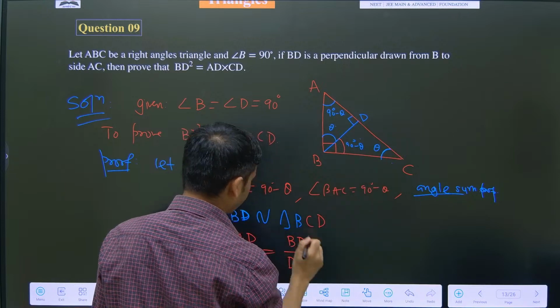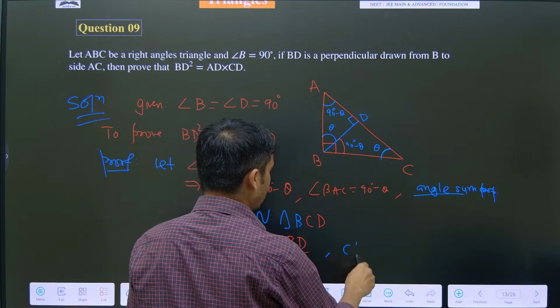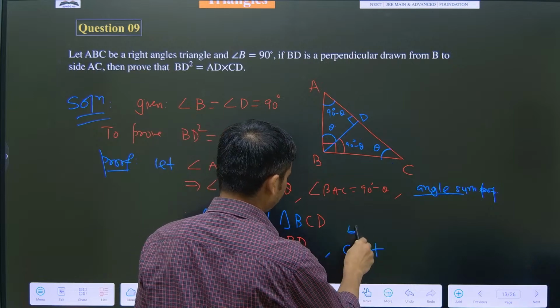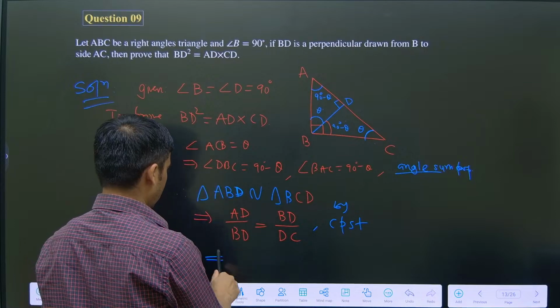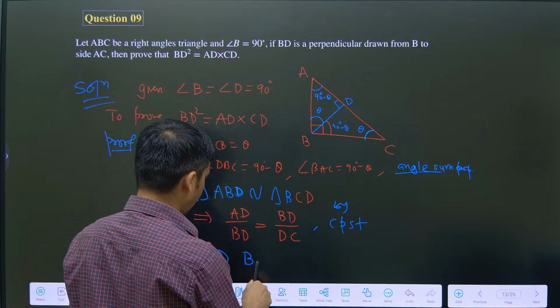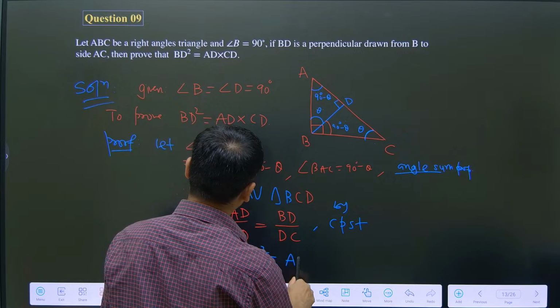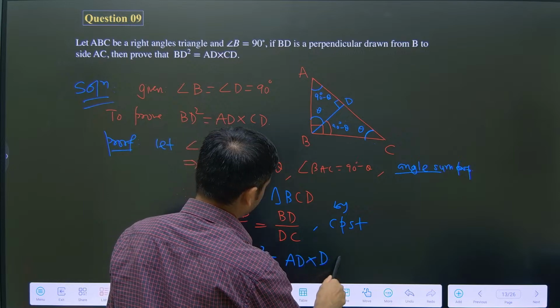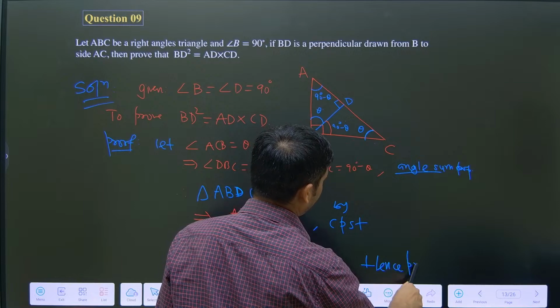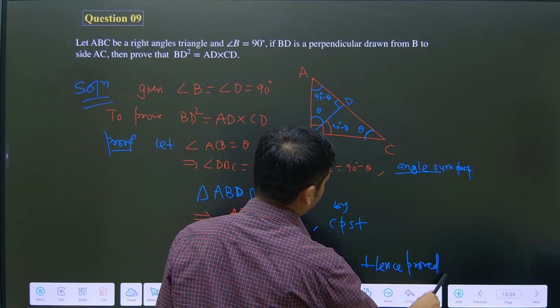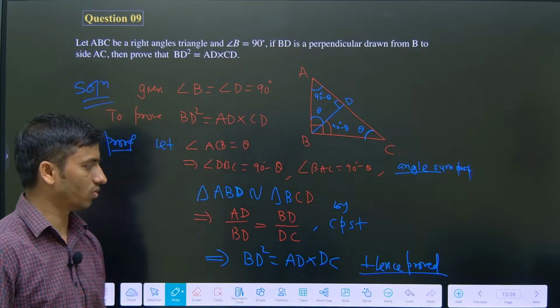Is that DC, by CPST. And then just cross multiply and you get the result. So when you cross multiply, we get BD square is equal to AD into DC. Hence proved. So if you write this way, there is no chance they can cut the marks no matter how hard the correction is.